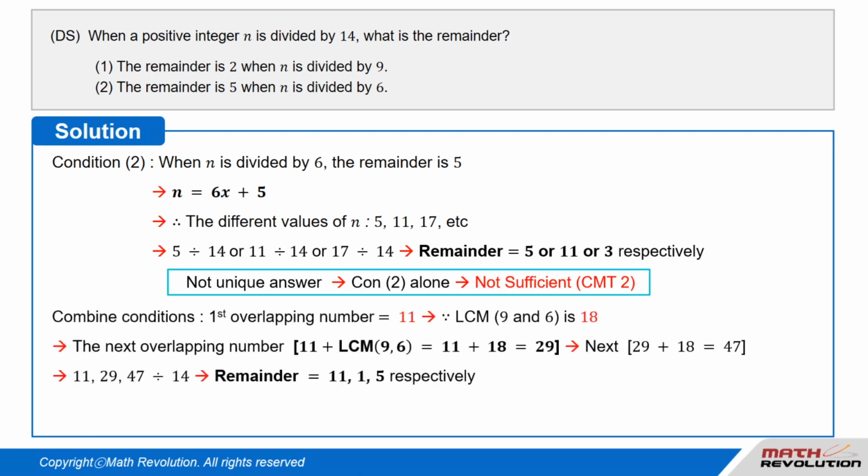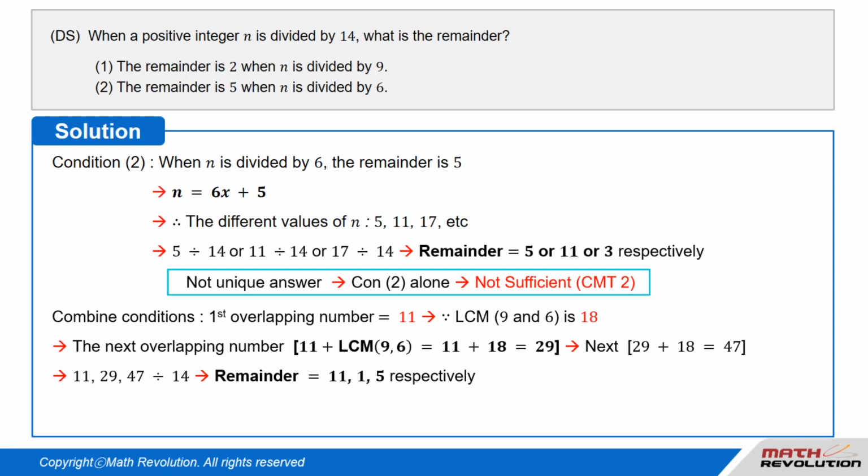Combining both conditions 1 and 2, we have to find the first overlapping number, which is 11. Since the least common multiple of 9 and 6 is 18, the next overlapping number will be 11 plus LCM(9, 6) equals 11 plus 18, which equals 29. And the next would be 29 plus 18 equals 47.